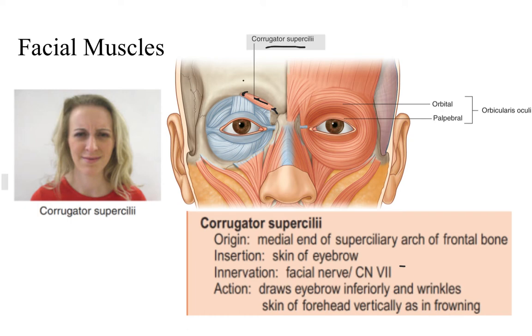So it's going to draw the eyebrow down and medial, and also wrinkle the skin of your forehead because of where it's located, as in a frowning look. So this is the look you have when you are using this Corrugator supercilii muscle. To me, it looks like a WTF muscle. Like, WTF are you talking about?